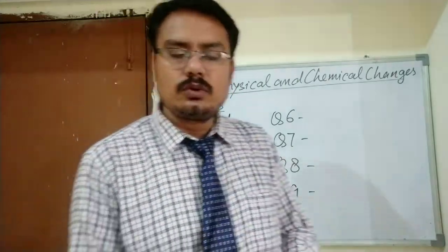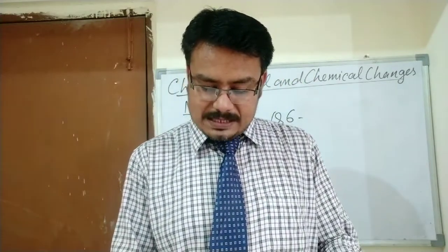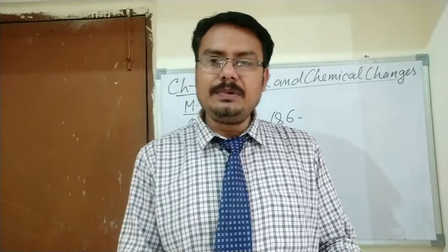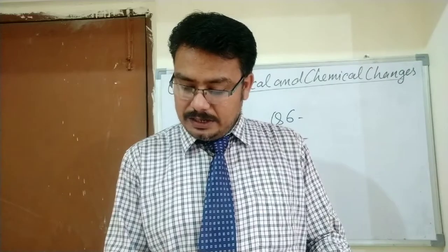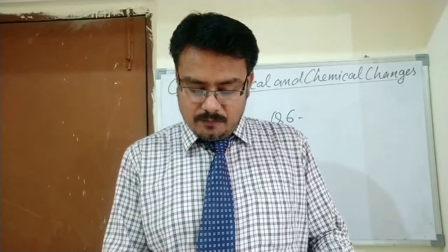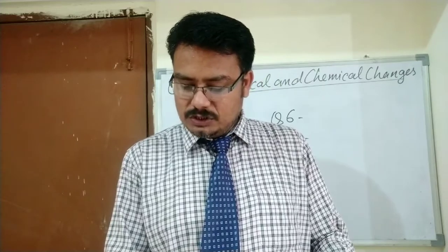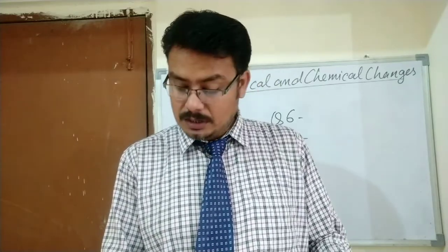Now student, next question is question number 6. The gas we use in the kitchen is called LPG, that is liquefied petroleum gas. In a cylinder, it exists as a liquid. When it comes out from the cylinder, it becomes a gas, that is change A, from liquid to gas. This is a physical change.